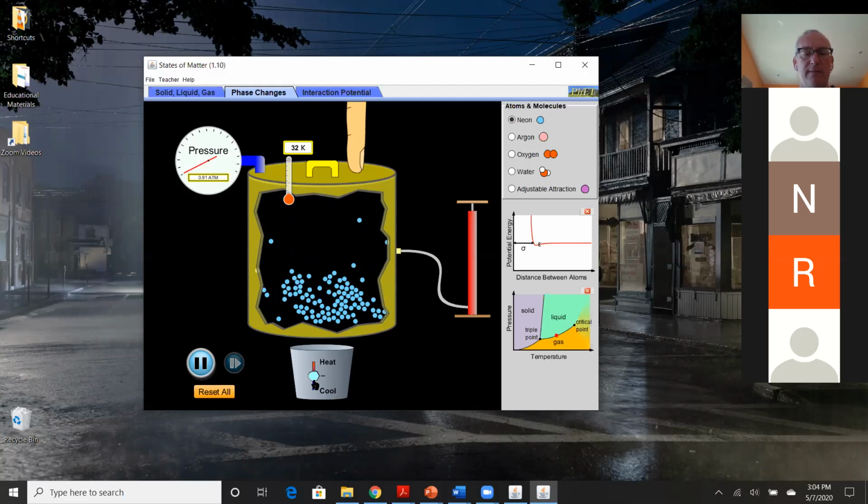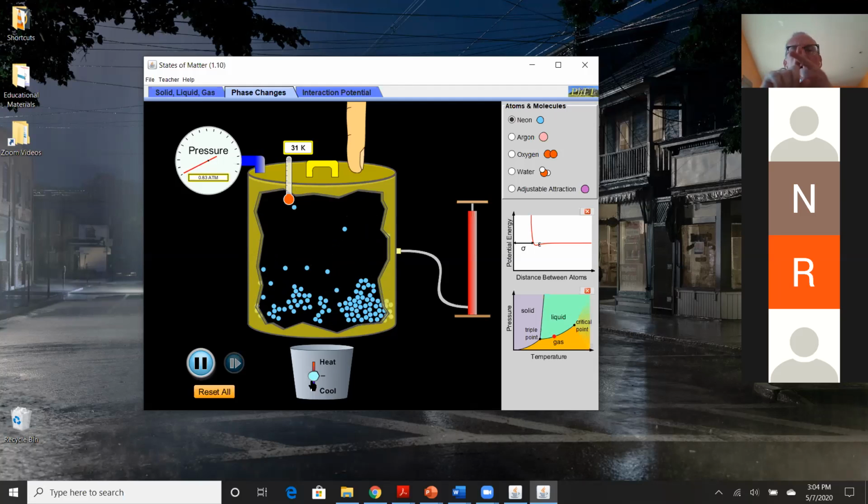You can do 31, 30. But yeah, it's going to be close, between like 30 and 33, somewhere around there. It's not going to be super, super precise. What you want is it to be fluctuating around 1.